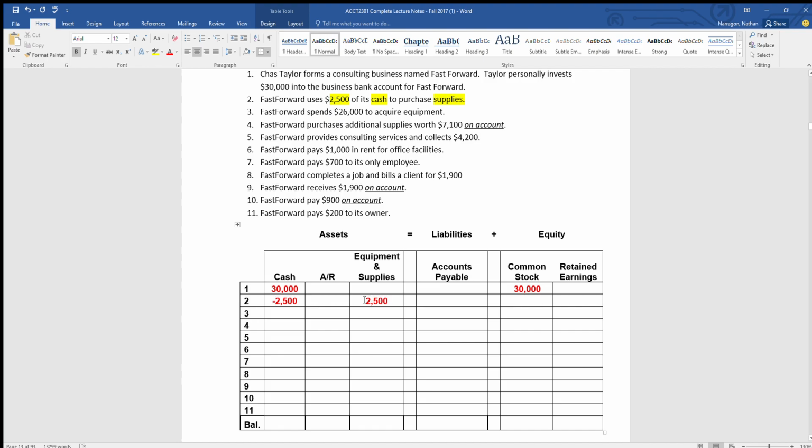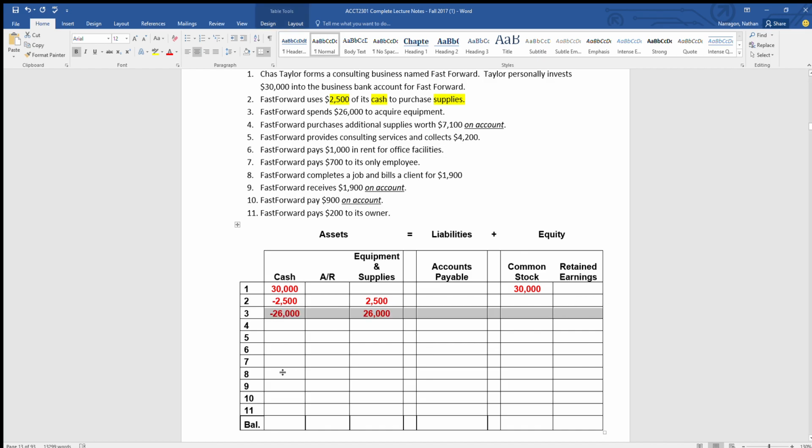So supplies took some of this cash and now it's a positive account. Again, we're just trying to get you to where you can see how these transactions work. So, right here, number 3, they spend $2,600 to acquire equipment. So, again, they spent money.